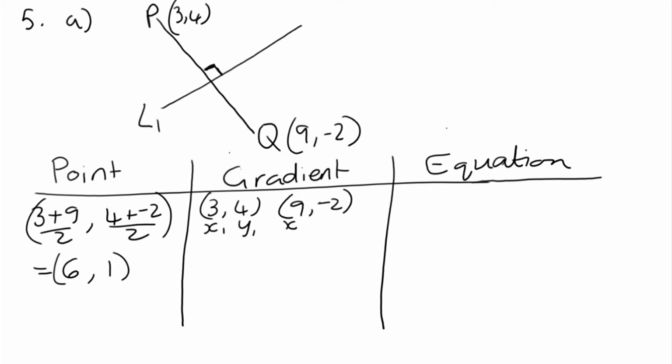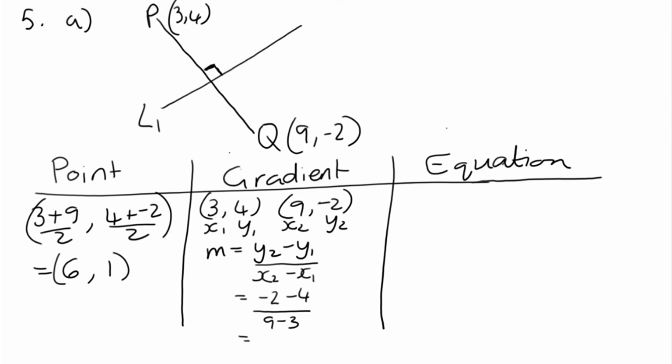Do your gradient formula: negative 6 over 6, so negative 1. Perpendicular to that is going to be 1, since m1 times m2 equals negative 1.